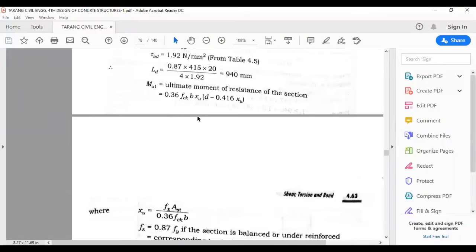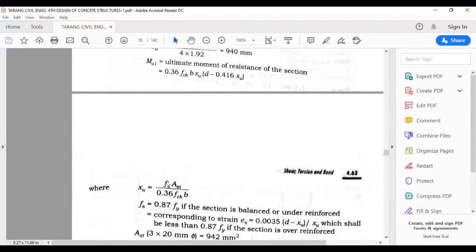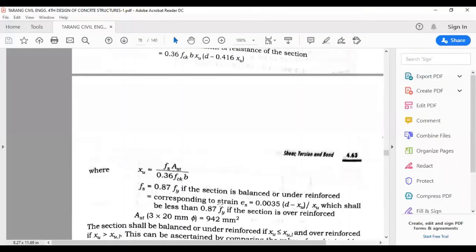The value of XU can be found using the formula Fs AST upon 0.36 FCK B, as discussed in the previous numerical, where Fs is 0.87 Fy if the section is balanced or under reinforced, corresponding to the strain Es, which is 0.0035 (D minus XU) upon XU, and which shall be less than 0.87 Fy, as we discussed in the previous numerical.